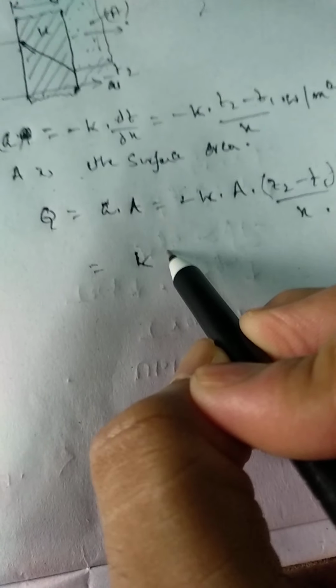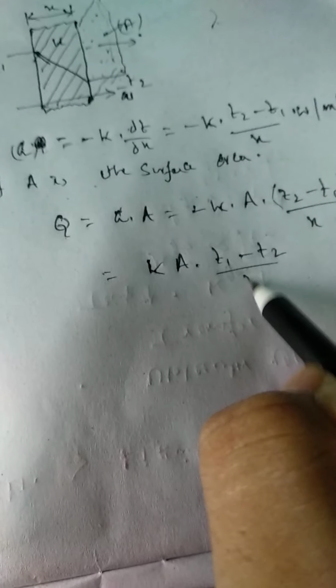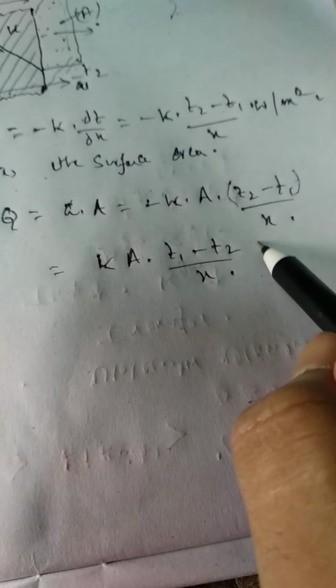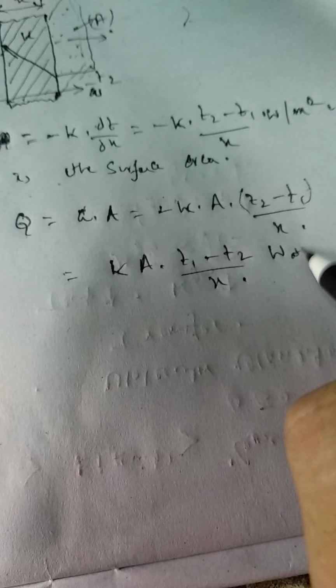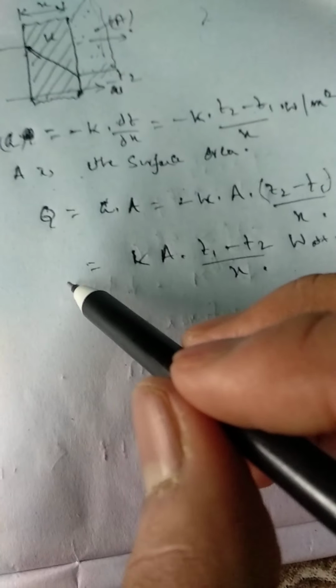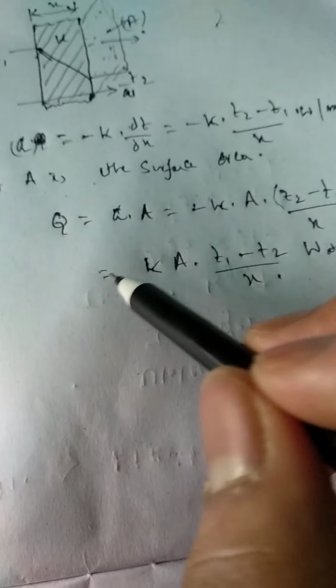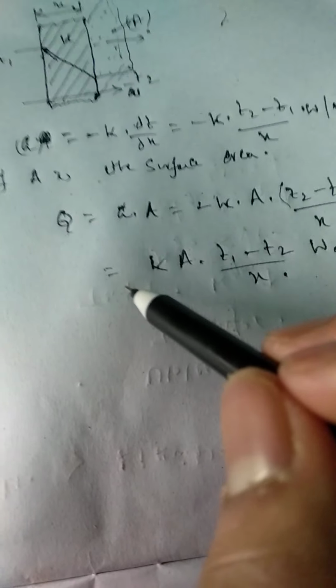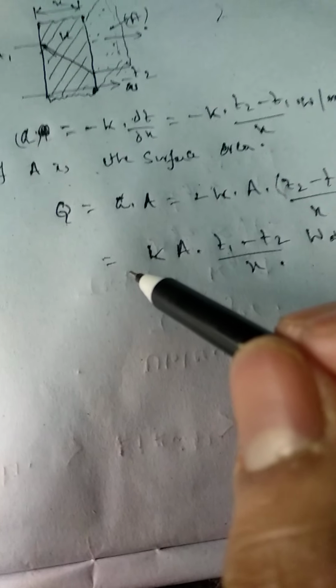You can also write this as K into A into (T1 minus T2) by X. This is watt per meter square times area, so this will be watts. And this Q will be the amount of heat flowing per second. The dimension of thermal conductivity K is watt per meter Kelvin.